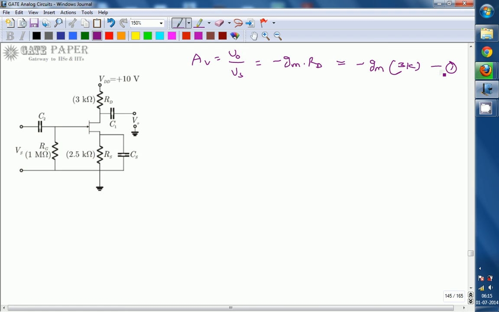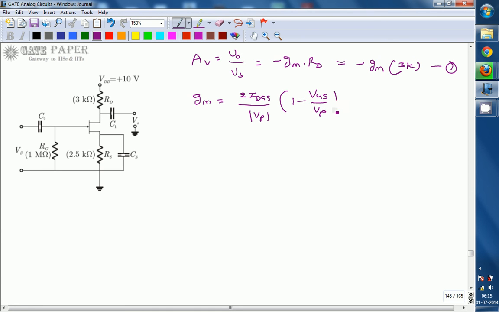To calculate Gm, we know one equation of Gm: Gm is 2 IDSS divided by Vp multiplied by 1 minus VGS divided by Vp.